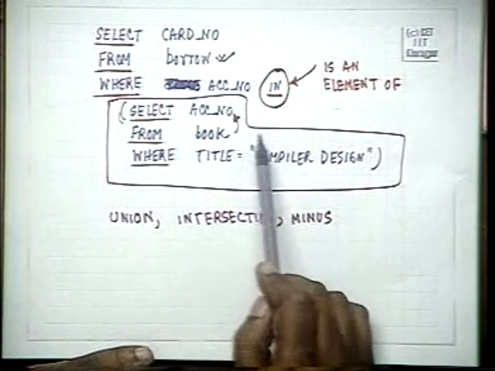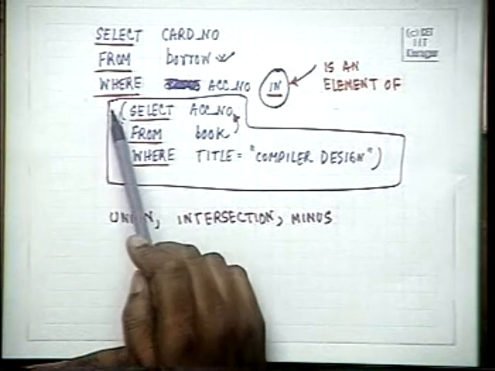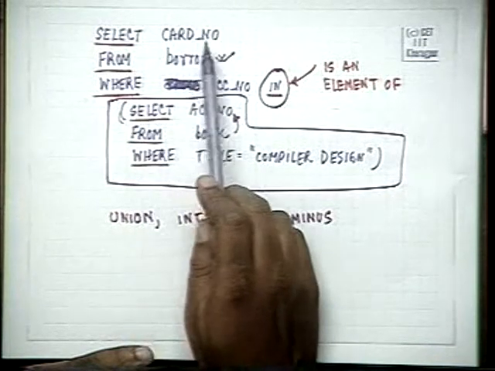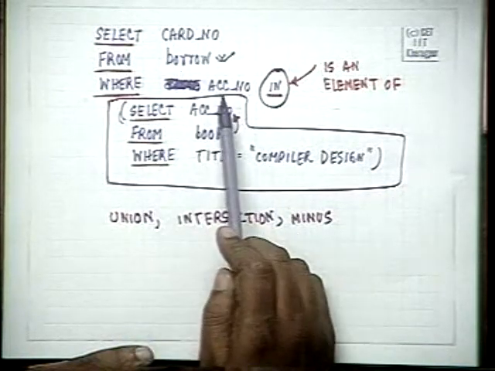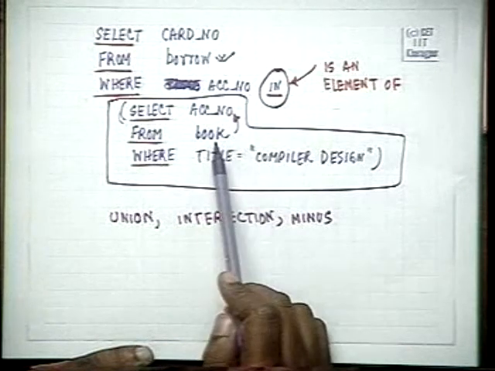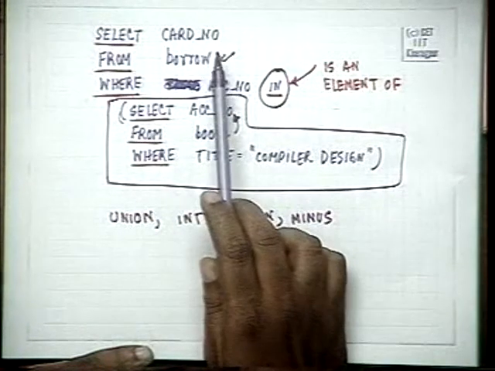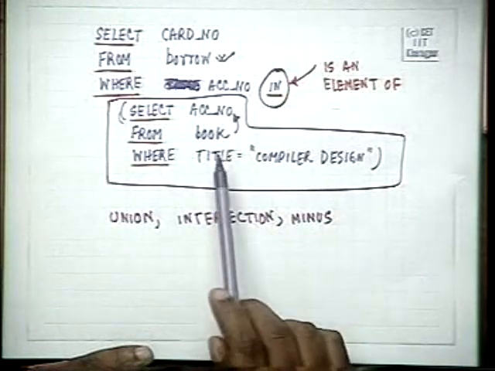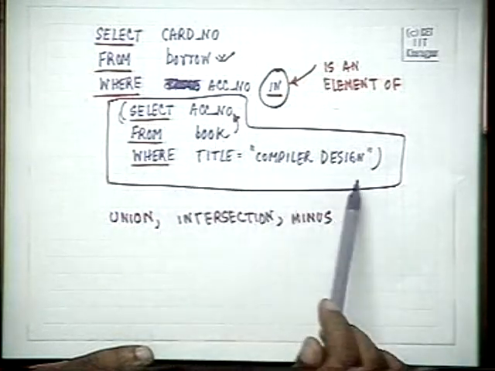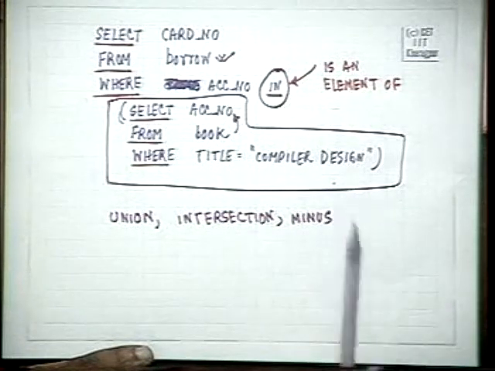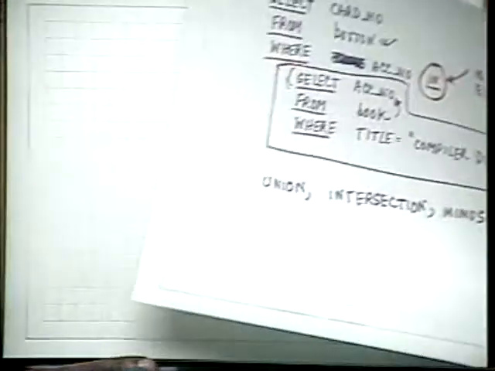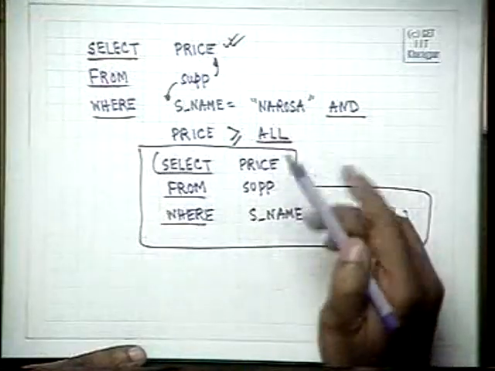This gives the accession number of all books which are compiler design. Together this query will give you the card number of those people who have borrowed a book related to compiler design. Other than this in, we had the all or the some operation.